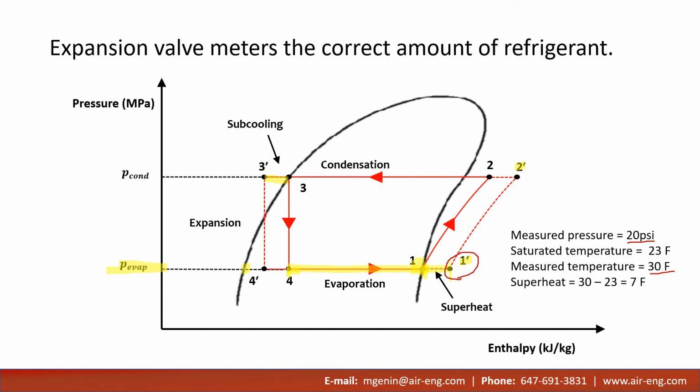Well, using this dome, we know that point 1 is on the saturation point, and so we can look that up in the table for this refrigerant type. We can find that at the measured pressure of 20 psi, the saturation temperature, where it becomes complete gas, is 23 Fahrenheit. And again, we've measured the temperature at that point at 30 Fahrenheit. So the superheat is calculated as 30 minus 23, or 7 degrees Fahrenheit.